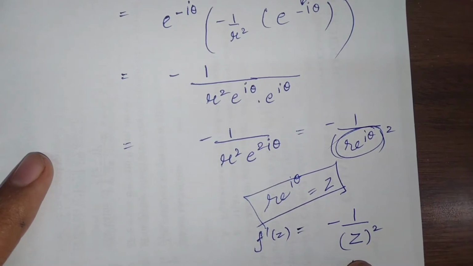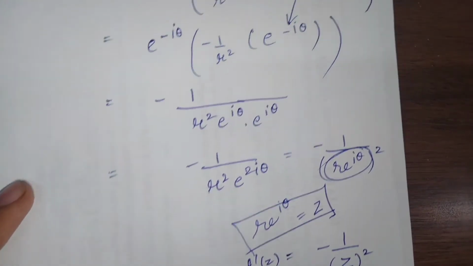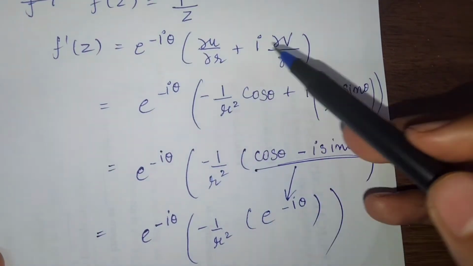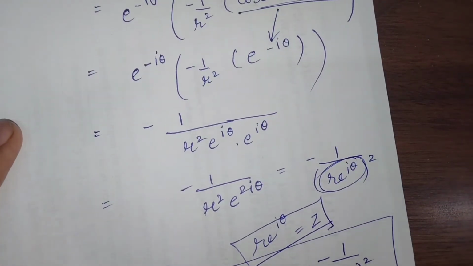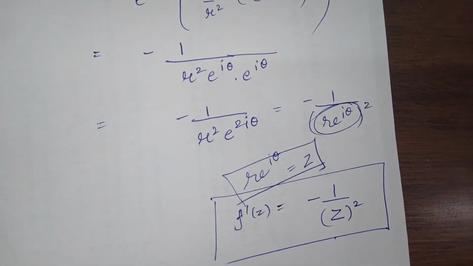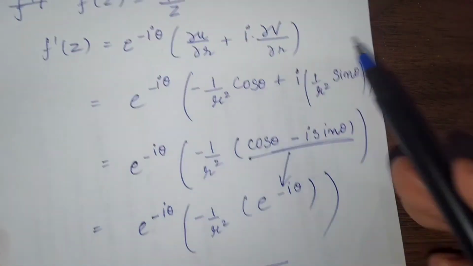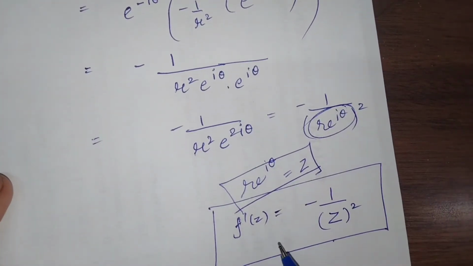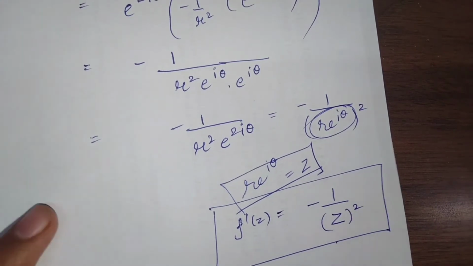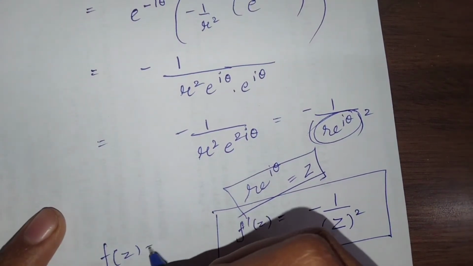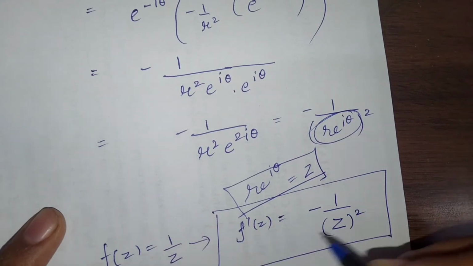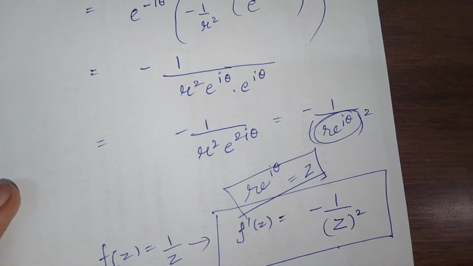But we have to show that. So we use this formula and we finally got the answer for f dash of z. So in this way, in the polar form, you have to use this formula and find f dash of z. So f of z is 1 by z, so f dash z will be minus 1 by z square.